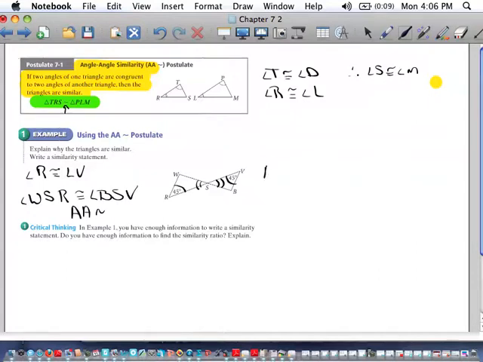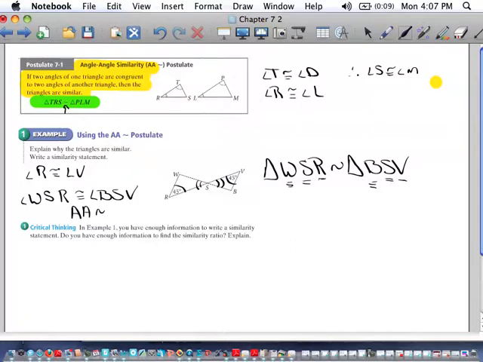The similarity statement would then be triangle WSR is similar to triangle BSV. Remember, those corresponding angles should occupy the same position.